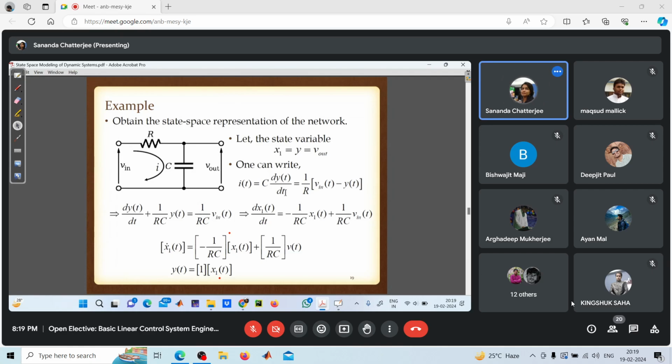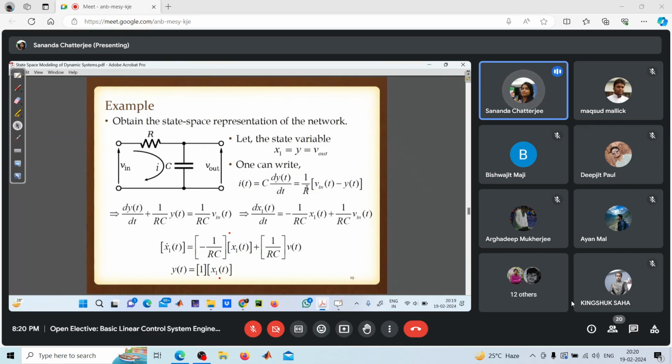So therefore we can write that the current flowing through this will be C dV out by dt, so that's why it is written as dy by dt.